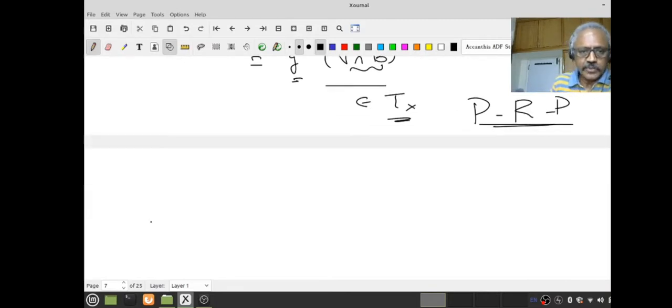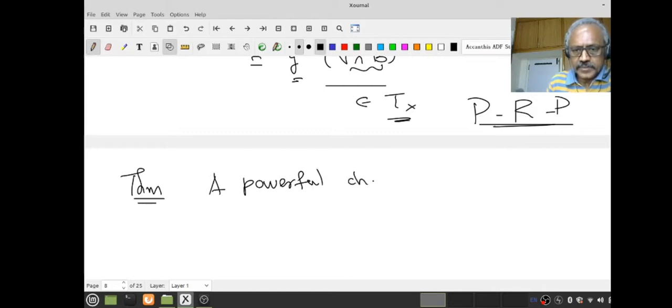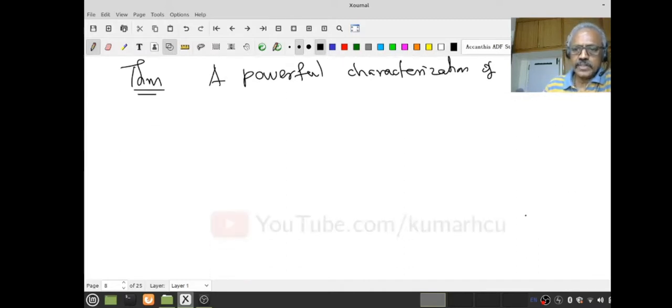Now we are going to prove a characterization. Let me call it a theorem. It's a very powerful and simple characterization of connectedness. Let us look at a space (X, tau_X).